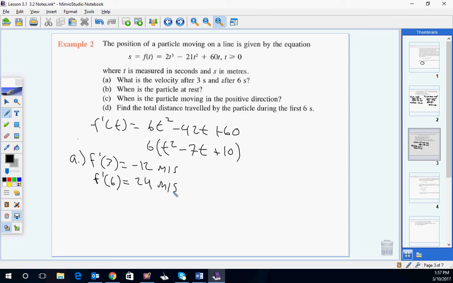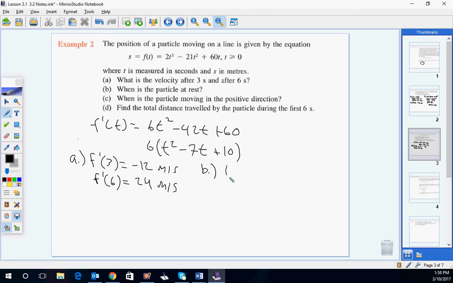When is the particle at rest? Now focus, what does that mean? When is it at rest? Velocity is 0. Good. So that means we want the derivative to be 0. Exactly right. So we set this to 0. That's why I put that there, because now we're going to see, can we factor this? Are there factors of 10 that get you 7?